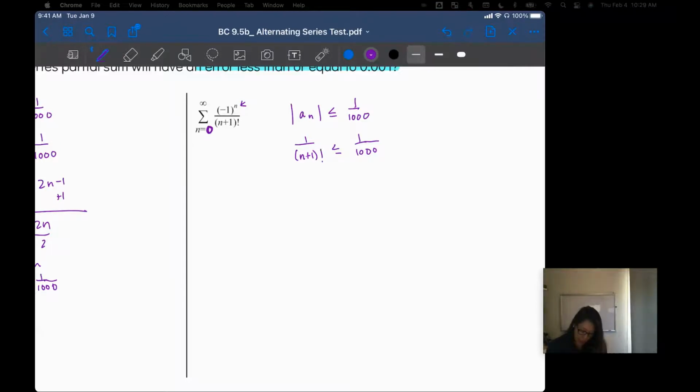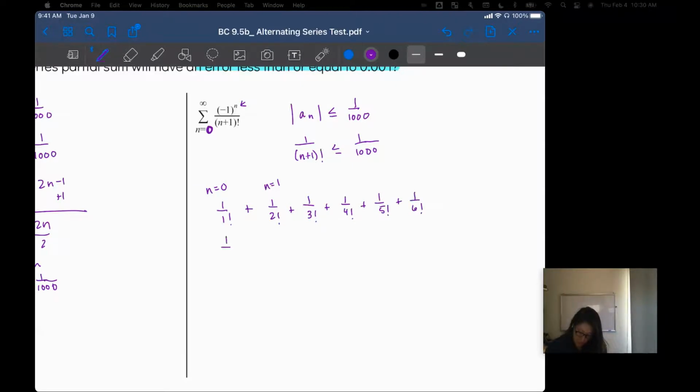So the first term that we're plugging in is n equals 0. So I would have 1 over 1 factorial. The second term would be with n equal to 1, so 1 over 2 factorial, then 1 over 3 factorial, plus 1 over 4 factorial, plus 1 over 5 factorial, plus 1 over 6 factorial.